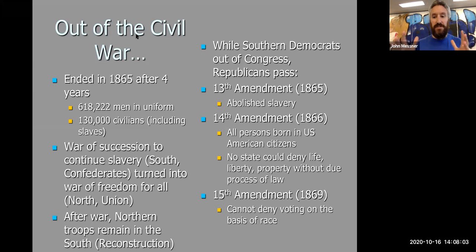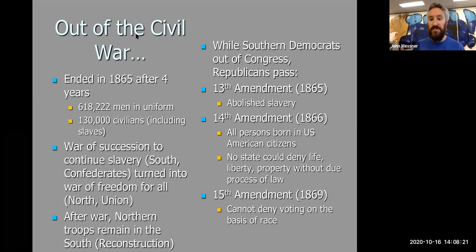But throughout this time, basically from 1865 to 1877, that we call Reconstruction, there are Northern troops in the South, kind of like an occupying force to protect individual citizens, especially the freed Blacks that are free of the bondage of slavery at this point.